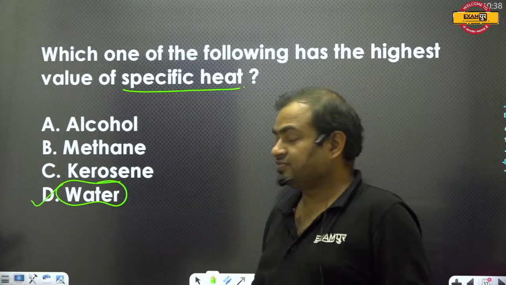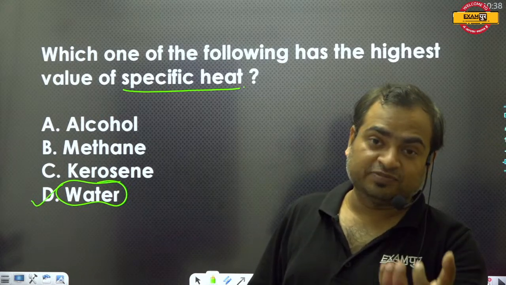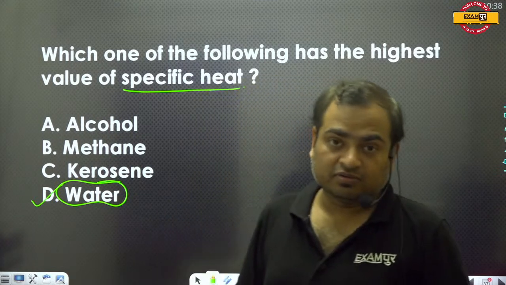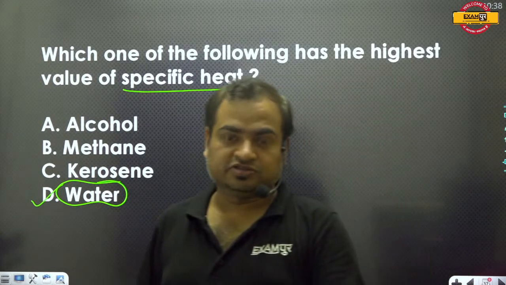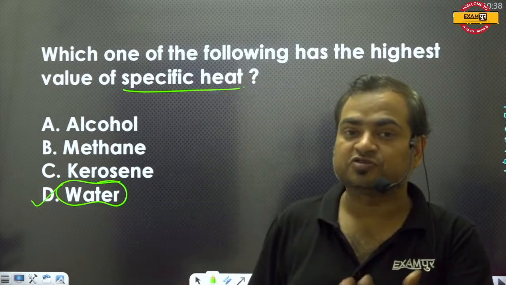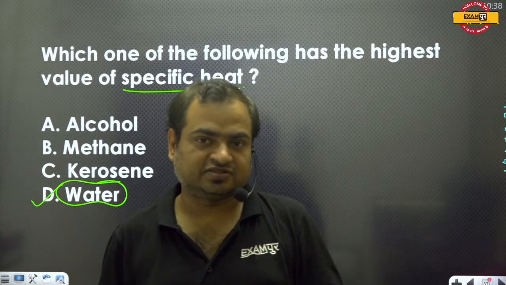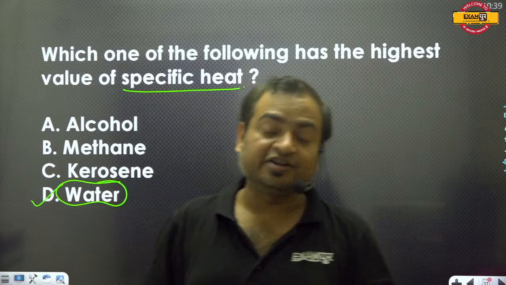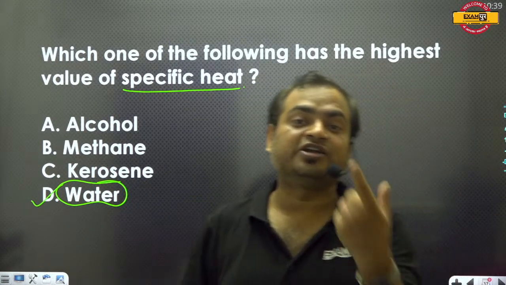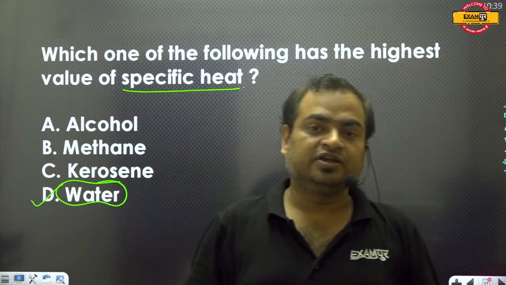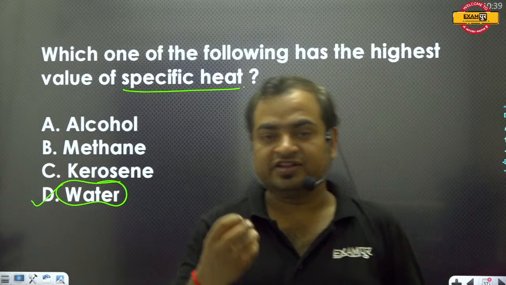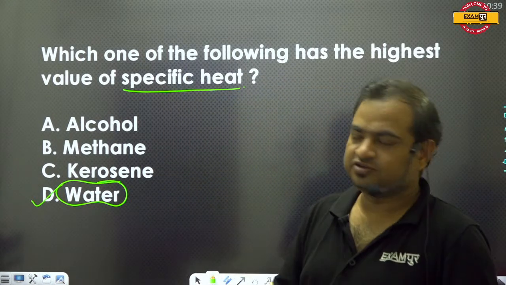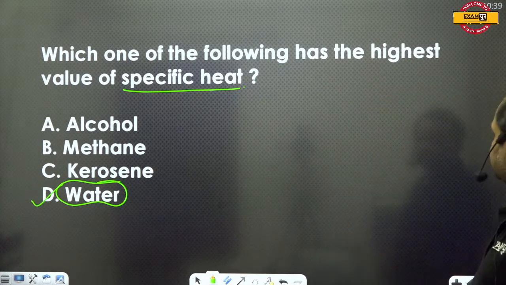Materials with high specific heat also get heated over a long time. Suppose you want to increase the temperature of water by 1 degree Celsius, it will take more time than any other material. If you have sand and want to increase its temperature by 1 degree Celsius, it will heat in a very small amount of time, because it acquires a very small amount of heat. So here D is the correct answer.